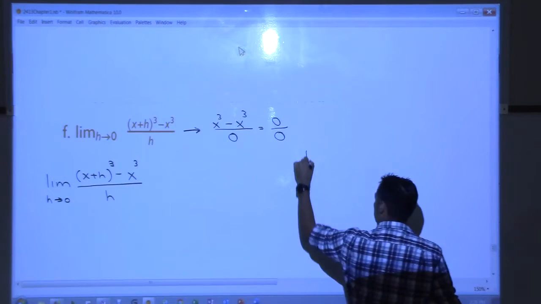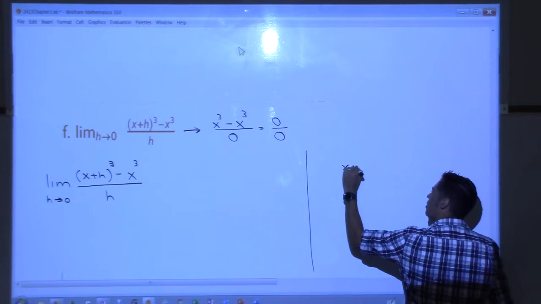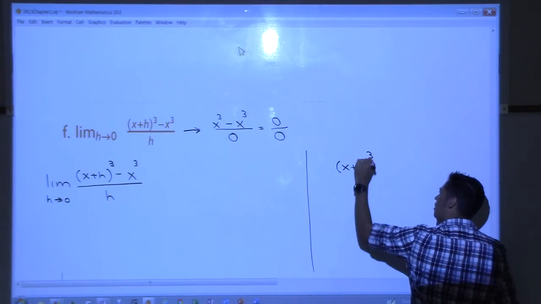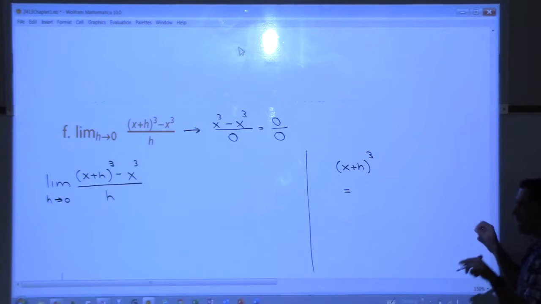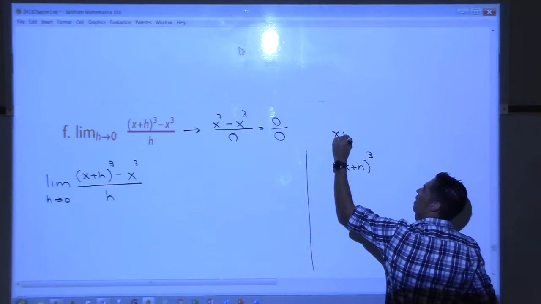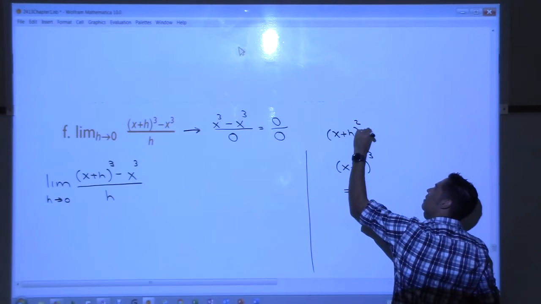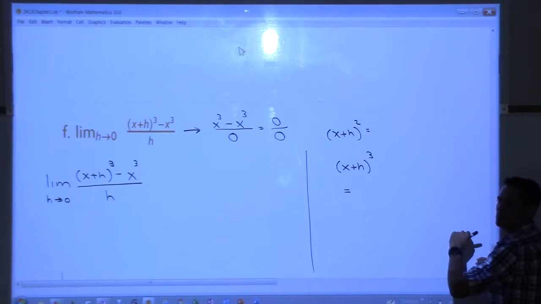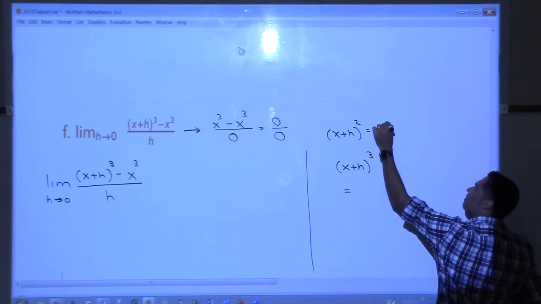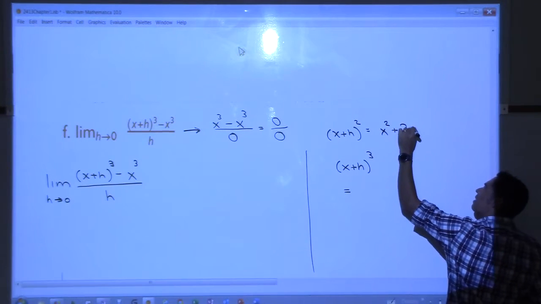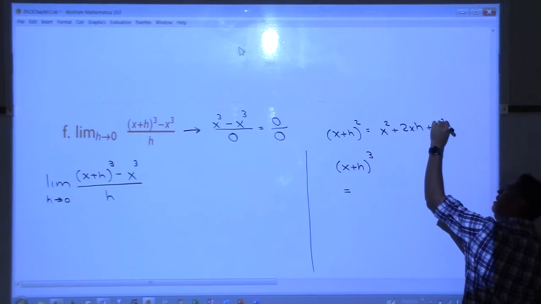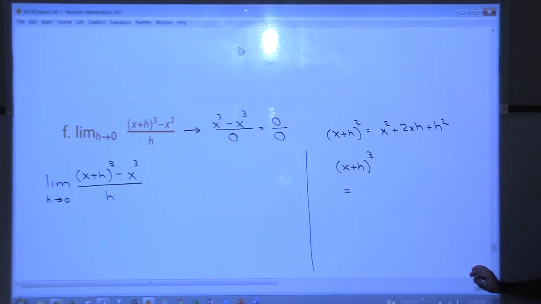Let me do that on the side. It's going to be some scratch work. What's x plus h cubed? Does anyone know what it is without actually doing it? Does anyone have it memorized? How about this one? Does anyone have this one memorized? If it's squared, x squared plus 2xh plus h squared. Okay.